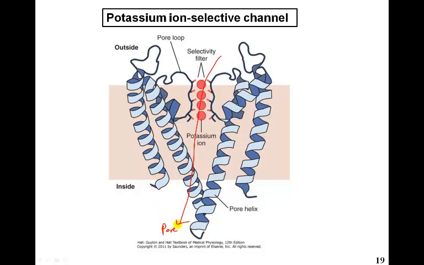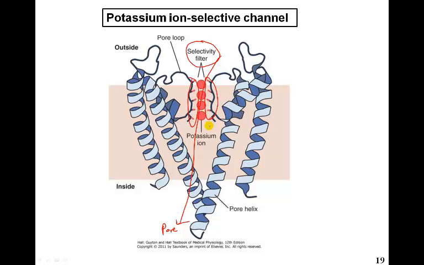The pore has a part of the protein called the selectivity filter, and it allows only one or maybe a few types of things to pass through and nothing else.